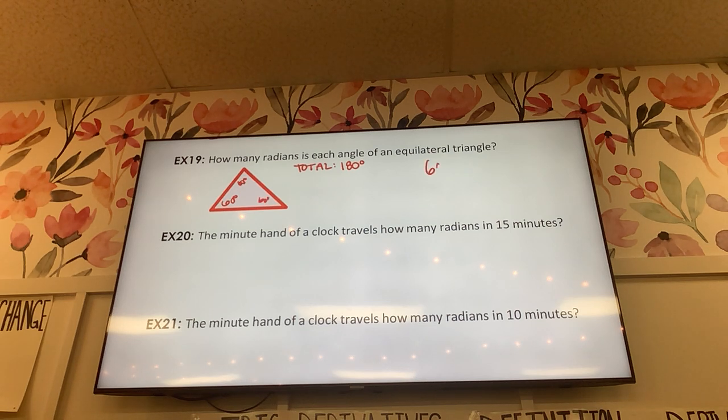And then we're just going to take 60 degrees and multiply it by pi over 180 to get pi over 3. So, in radians, each angle is pi over 3. Does that make sense? Yes, ma'am.